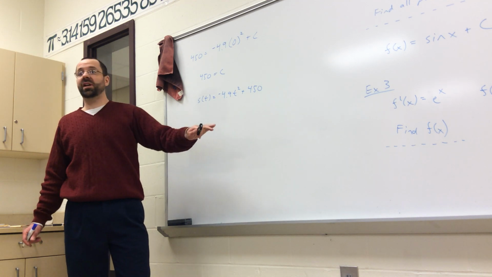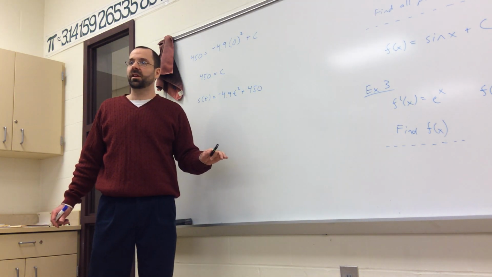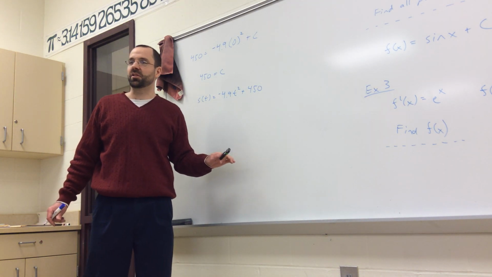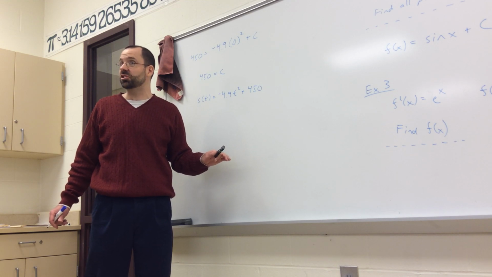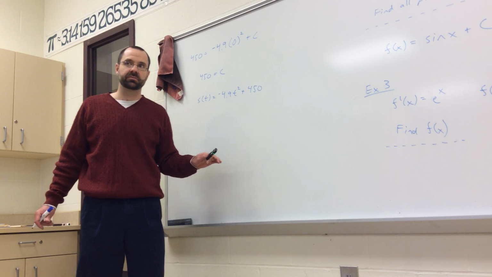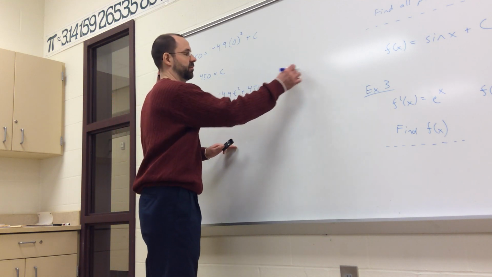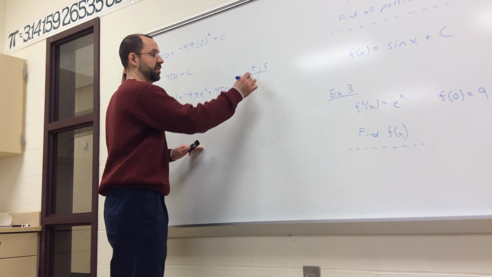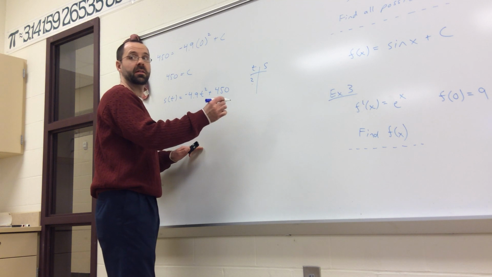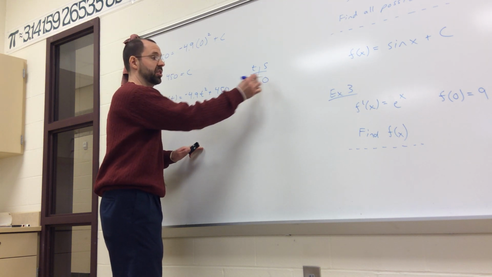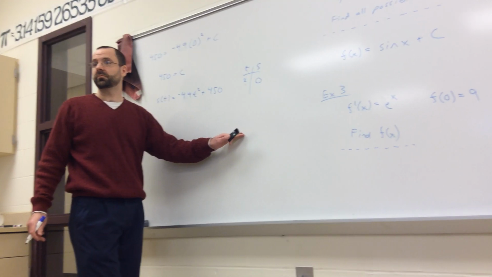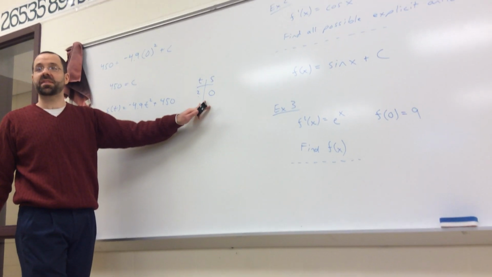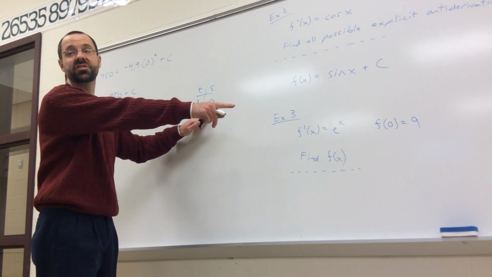So when I ask the question, how long is it going to take to hit the ground, I'm really asking, when is it going to be at a position of 0? That's a mathematical summary of what those words say over there.